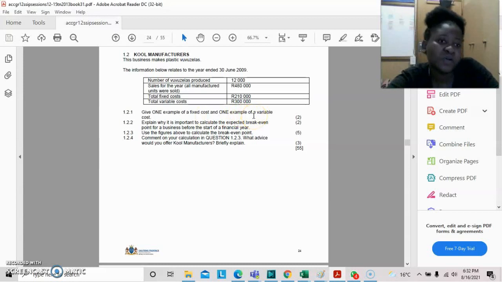Okay, fixed costs are the costs that don't change as often. They're not likely to change within the next 12 months, right? And then variable costs, they just depend. Every month they are fluctuating. You get it? An example of a fixed cost, we can say it's rent. Rent is fixed, right? Depreciation is fixed, right?